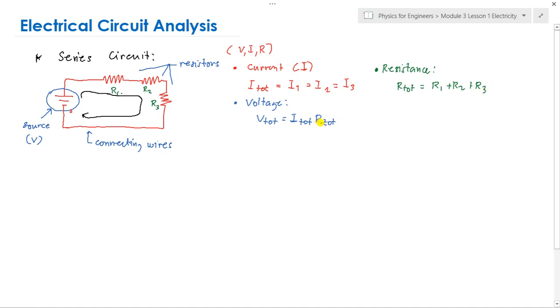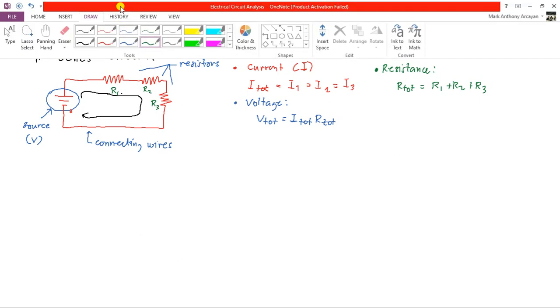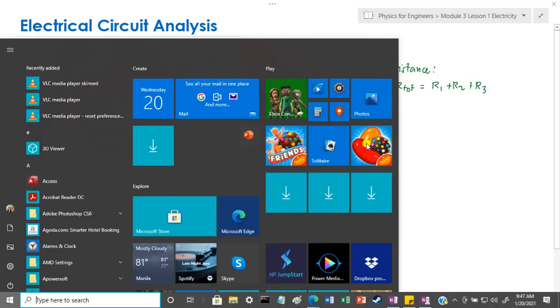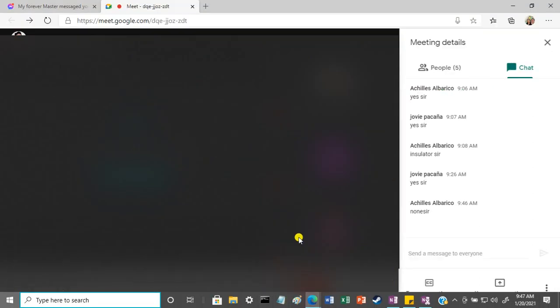So if that is R total, then going back to our voltage problem. Are you still following, class?